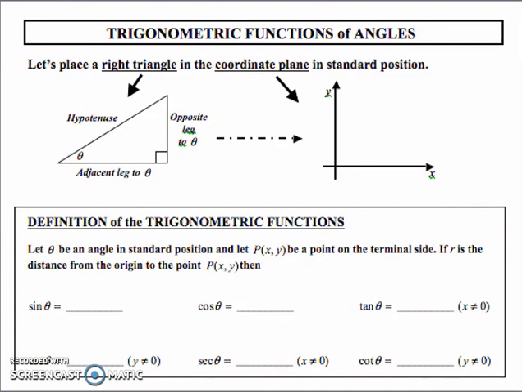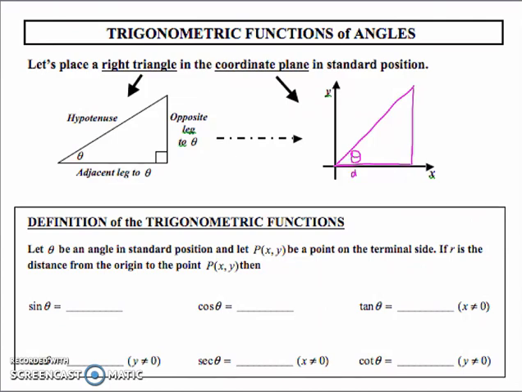Now let's go ahead and draw this right triangle in the coordinate plane in standard position. So here's our triangle. Oh boy, that was a terrible straight line there. Let me try again. Here's our triangle. There we go. Our angle theta is right here.